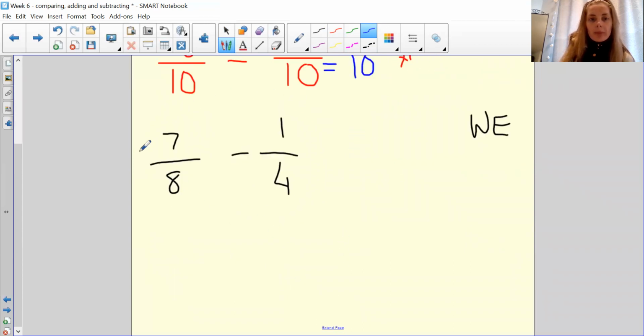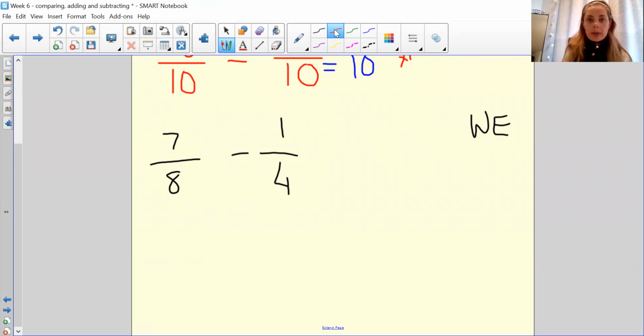Right, let's see if we can do this one together. So on your piece of paper, will you write down this fraction for me? Right, so I'm going to go through the steps and you're going to see if you can do it on your piece of paper before I do it on my slide. So step number 1 is, are my denominators the same? Yes or no? No, they are not. So I need to make my denominators the same.